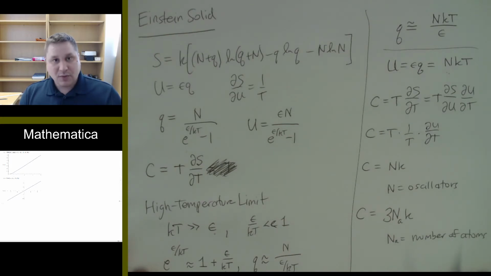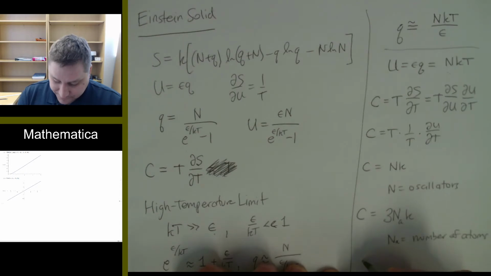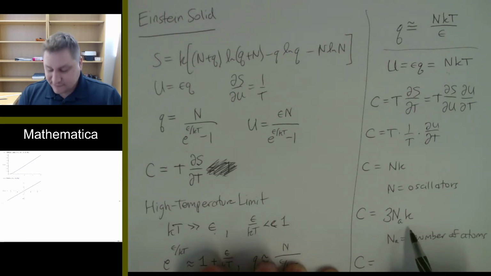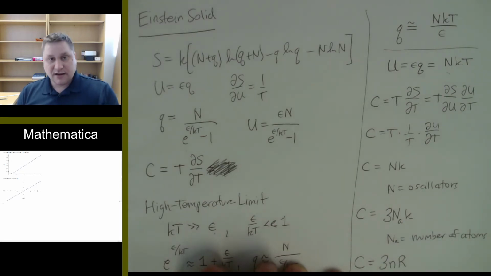Now we can make one more very simple change to this, just a transmutation from atoms to moles that makes this much more easy to apply in the large scale. We have a product, number of atoms times Boltzmann's constant, so that is equivalent to the number of moles times the ideal gas constant.